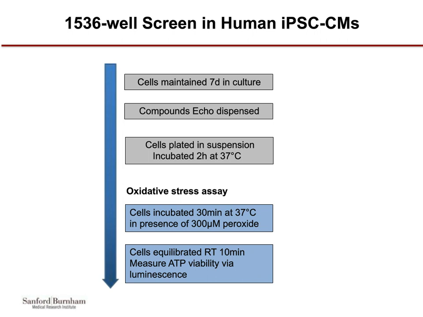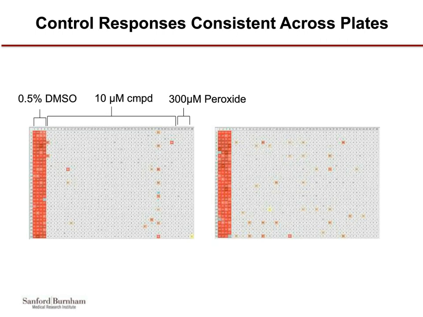What was really very nice about the screen, we ran about 40 1536-well plates, and we saw very clean patterning across these plates. Here I just show two representative plates, and in the red wells is our positive control, or our high viability, which is just the cells with 0.5% DMSO. The 0.5% DMSO is not toxic to the cells.